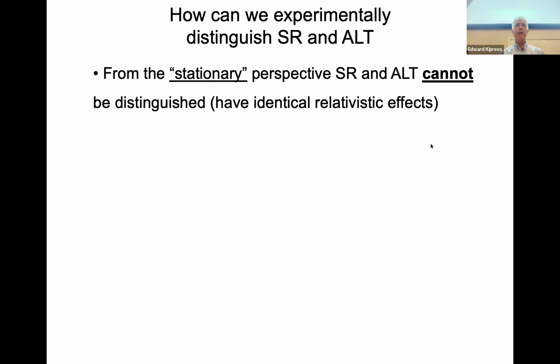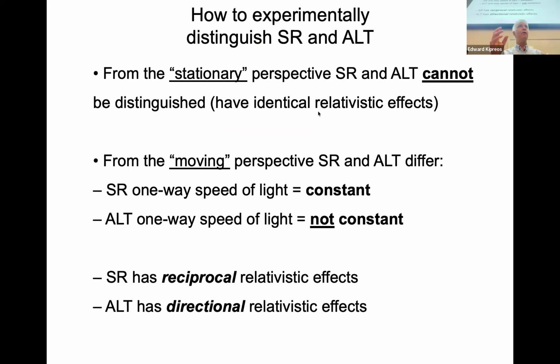Okay, so how can we experimentally distinguish special relativity and alt? Well, from the stationary perspective, you cannot distinguish them because they both have relativistic effects, and those relativistic effects are identical. But from the moving perspective, like if you're in a moving spaceship or a moving, rotating planet, the special relativity and alt do differ.